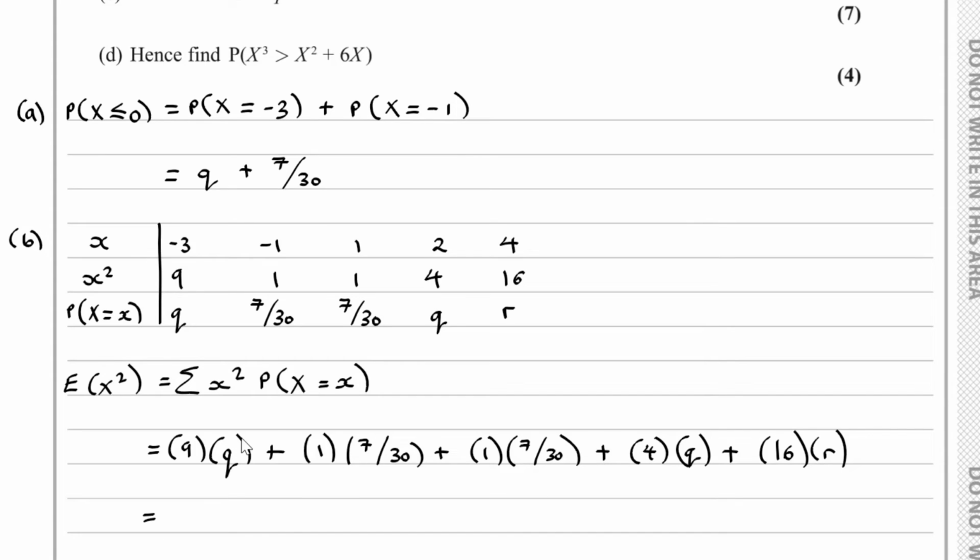And if we tidy all this up, well, here we have 7 over 30 times 2, which is 7 over 15. And then we have here 9q plus 4q, which is 13q. And then we have, in terms of r's, just 16r as well.